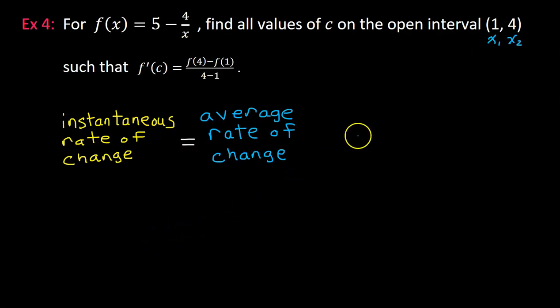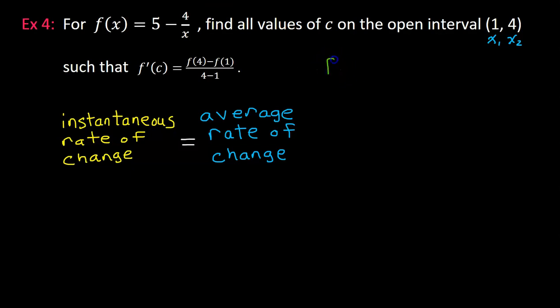The mean value theorem says there should be at least one value of c where the instantaneous rate of change will equal the average rate of change. So first, let's calculate the average rate of change over here. We're going to need f at 4 and f at 1, so let's do that first.